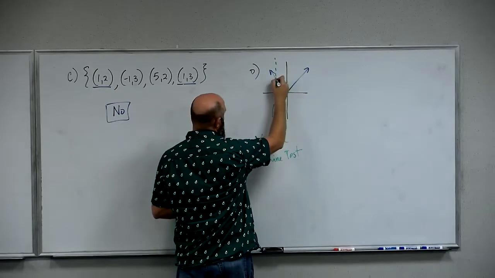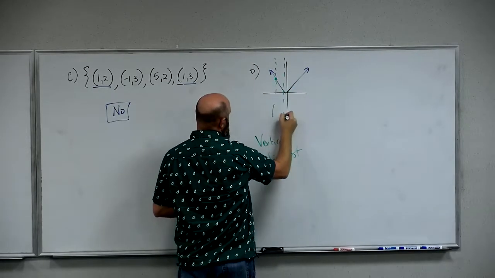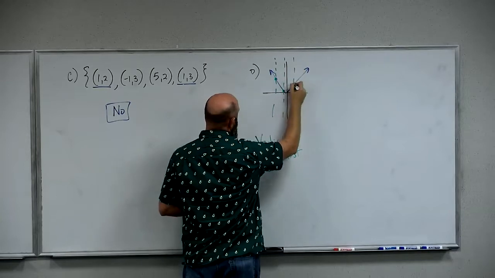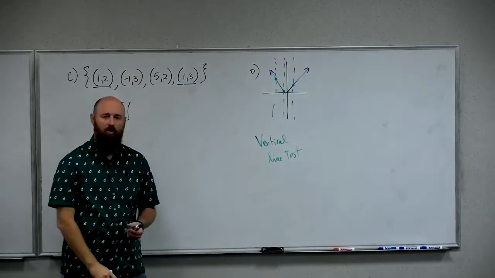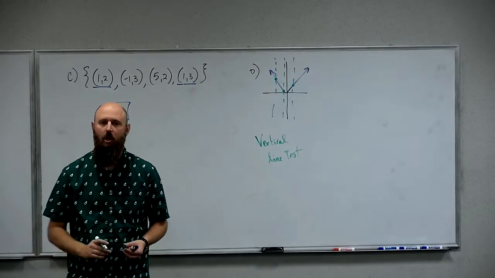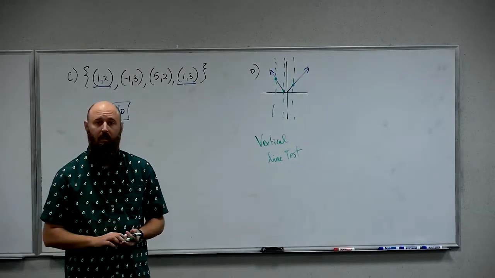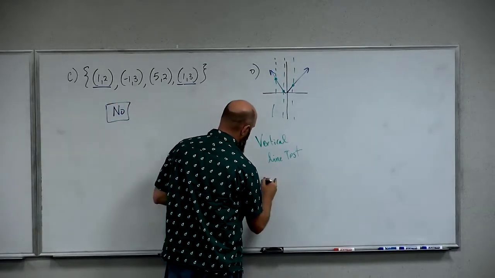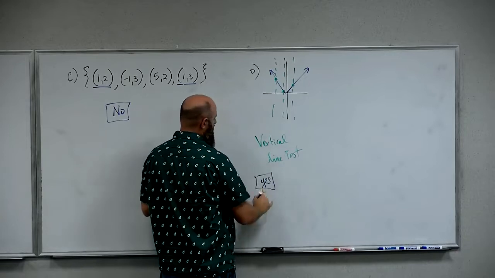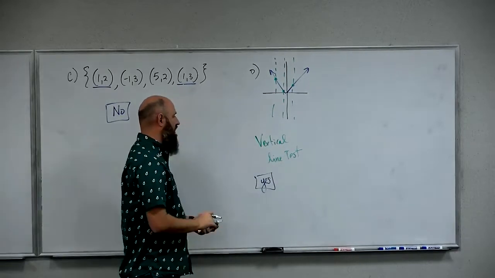So we draw a vertical line. Well, it only hits once. Draw another one. It only hits once. Draw another one. It only hits once. And it doesn't matter where we draw a vertical line. Every time it's only going to hit once. So since that's the case, then yes, this is a function. Yes. Because of the vertical line test.